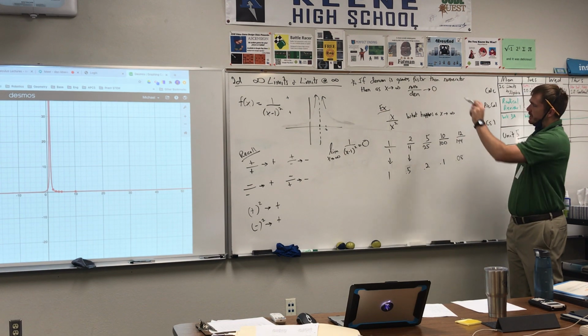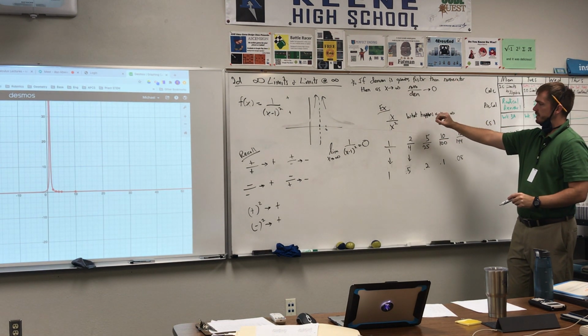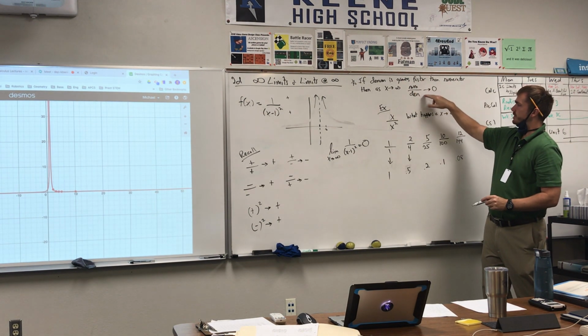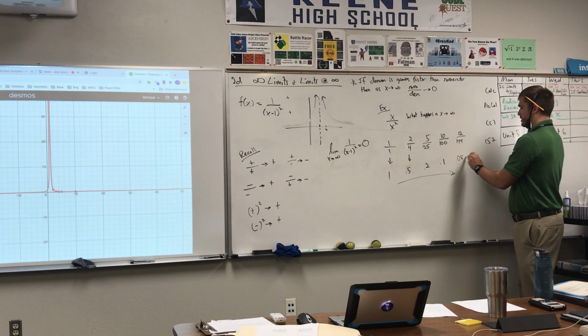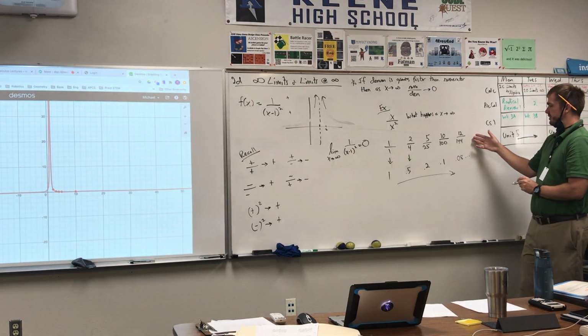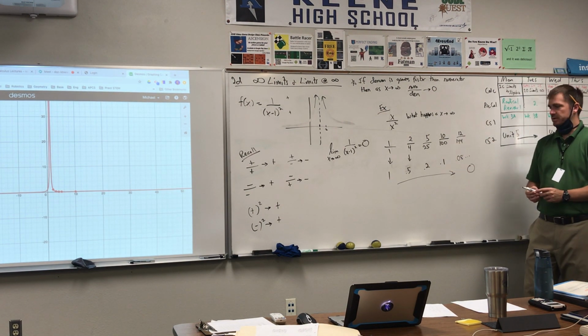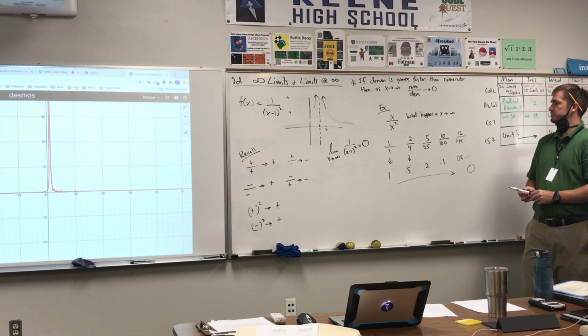If the denominator is growing faster than the numerator, then as x approaches infinity, the numerator over denominator is going to approach 0. So if I were to extend this over to infinity, what's happening? It should be approaching 0. Calculus. Okay?